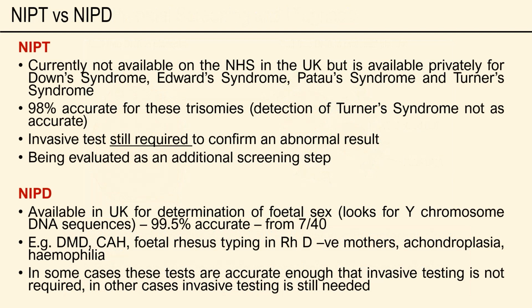These non-invasive prenatal tests are highly accurate when screening for most of the common trisomies, but are less accurate for Turner syndrome, and they are only screening and not diagnostic, so a traditional, more invasive diagnostic test will still be required to confirm diagnosis.